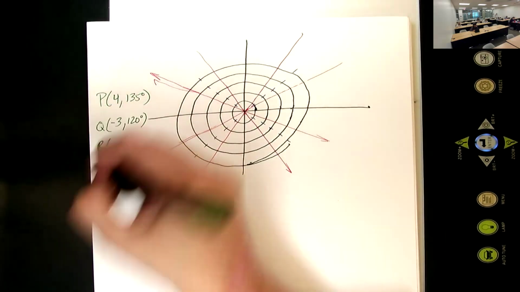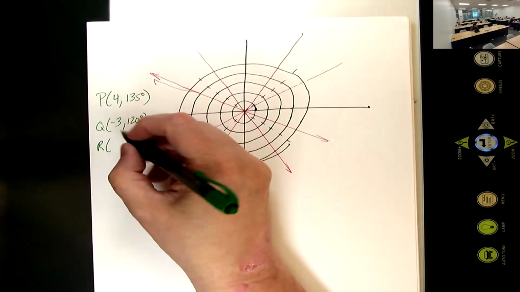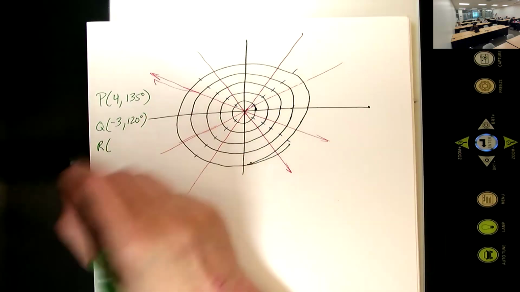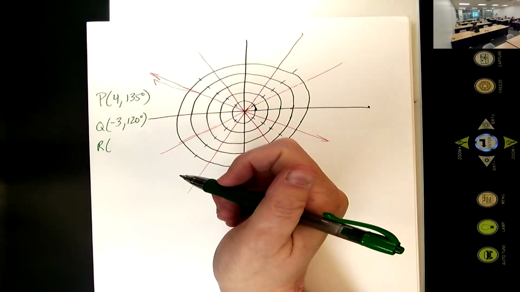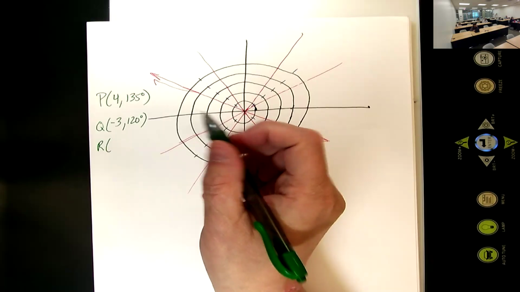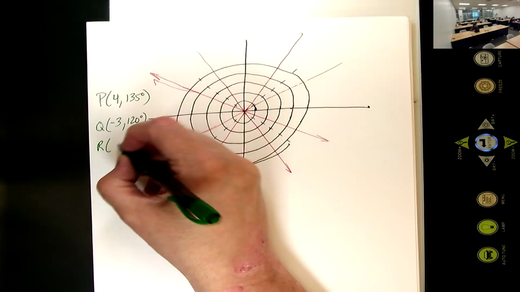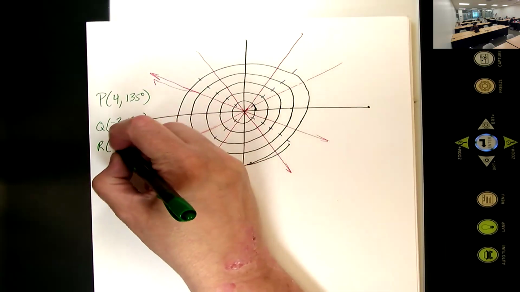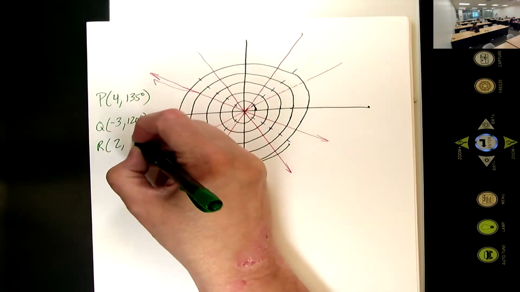Point R, let's go with some positive or use some radians: 2, 5 pi over 3.